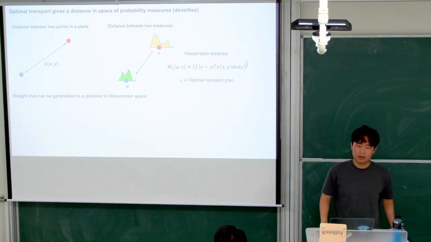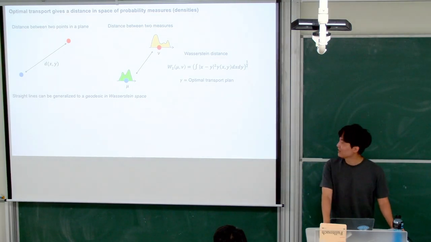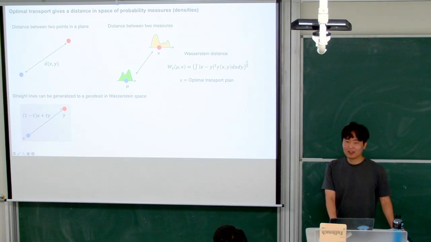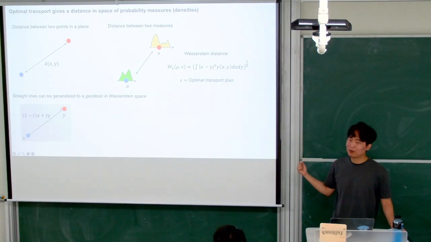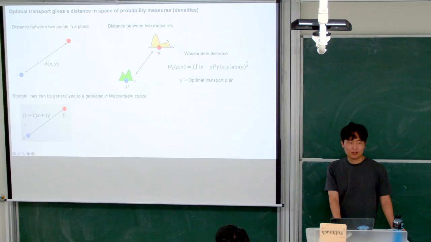Then we can define some straight line, the shortest distance from one measure to another. What is a straight line? If we have a plane and 2 points x and y, then the shortest path from x to y is simply a straight line. And actually this can be parameterized using t.